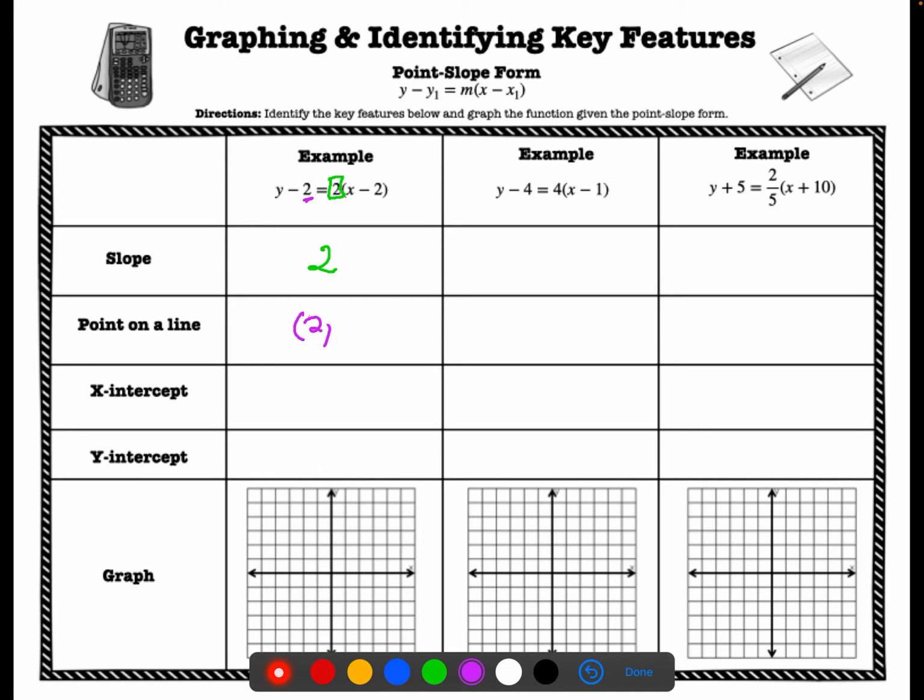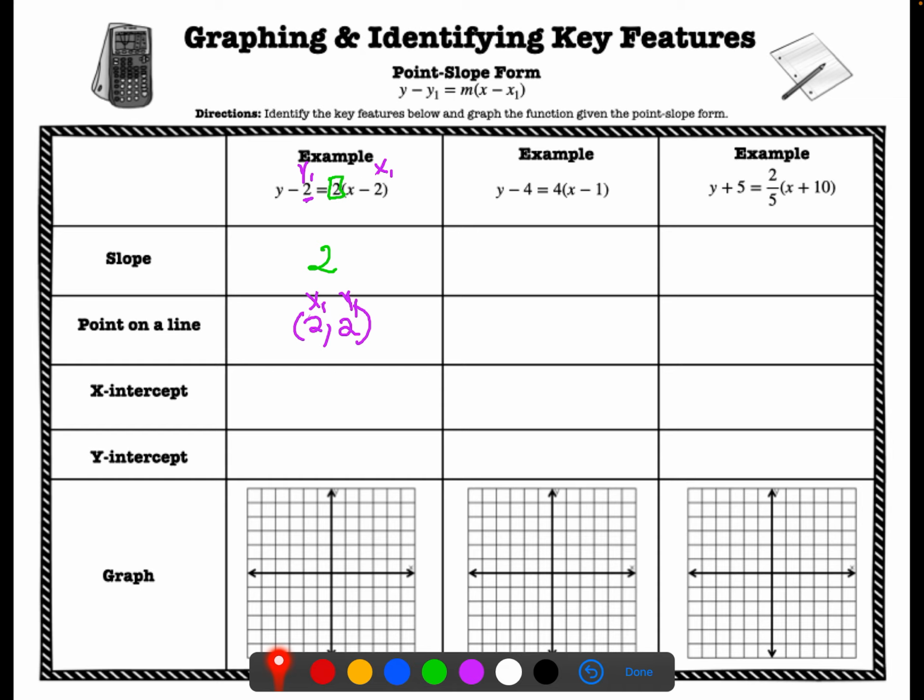And this 2 that's with the y is the 2 for the y coordinate of our point. So basically this is x, or we say x1. This is our y1. Notice we do not bring the subtraction with this point.